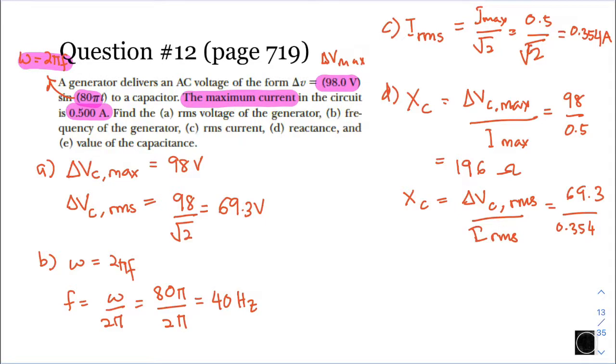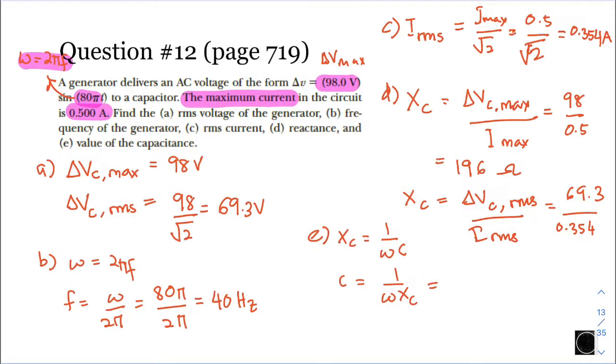And D is settled. E, value of the capacitance. For E, you want to know the C. So you have XC equivalent to 1 over omega C, so C is 1 over omega XC.